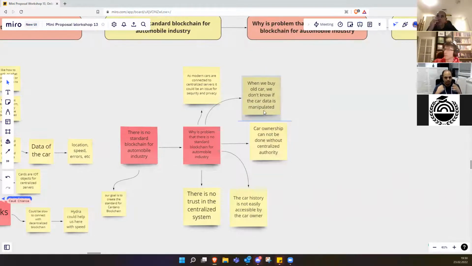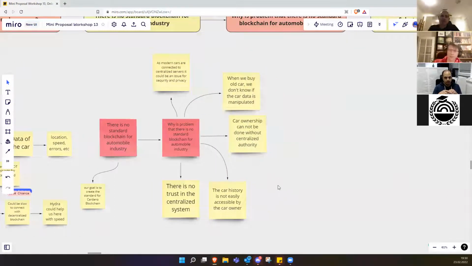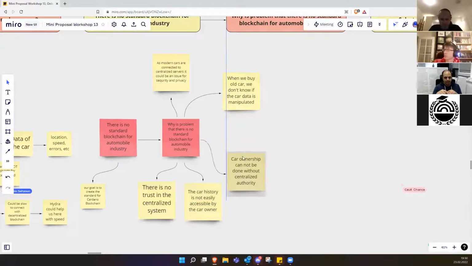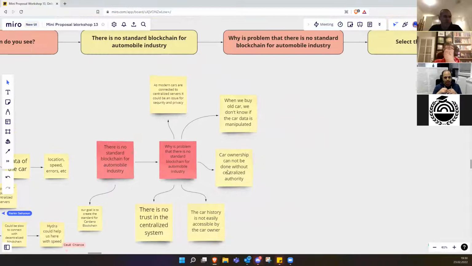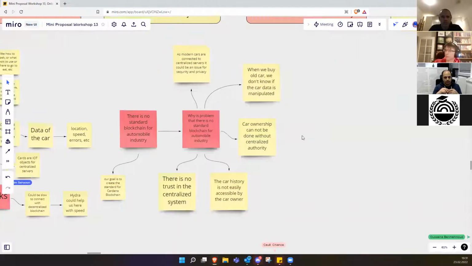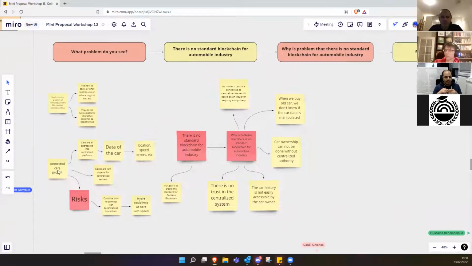Privacy, security. Would you call that settlement, or would you call that invoicing of usage? Yes, but the problem is not really the invoicing, but the elimination of the third party.